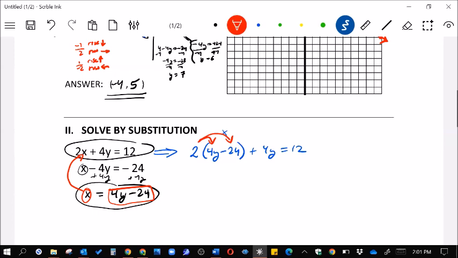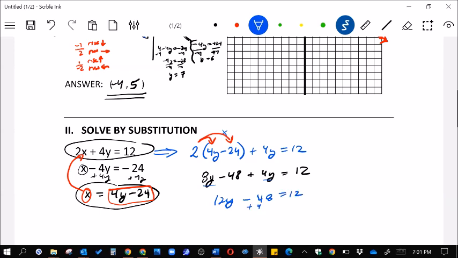And that's going to give us 8y minus 48 plus 4y is equal to 12. The 8y and the 4y, 8y plus 4y is 12y, minus 48 equals 12.